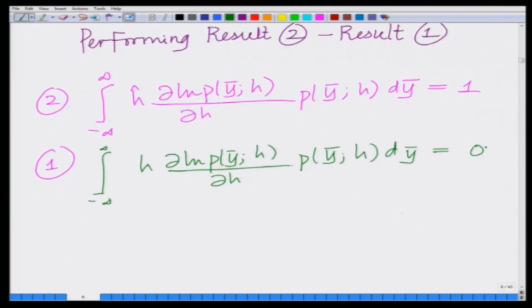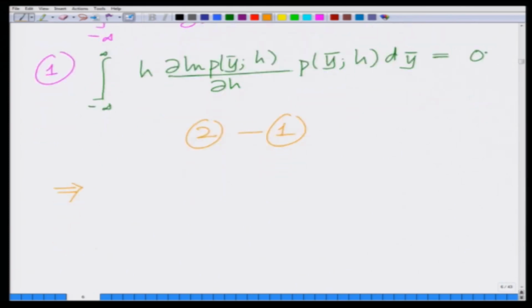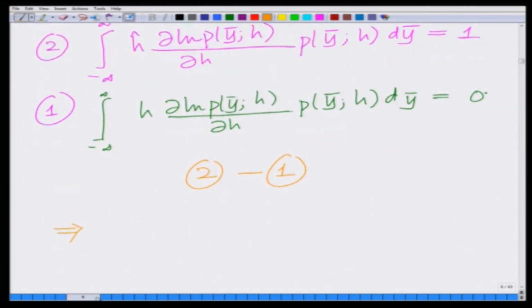Now, performing 2 minus 1, you can clearly see when I make result 2 minus result 1, what does it imply?